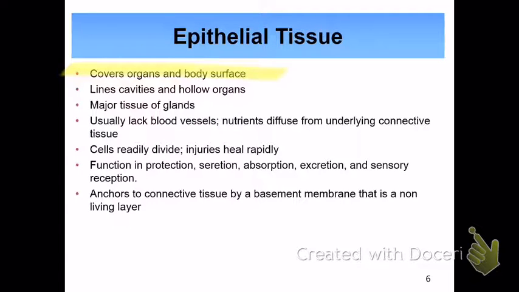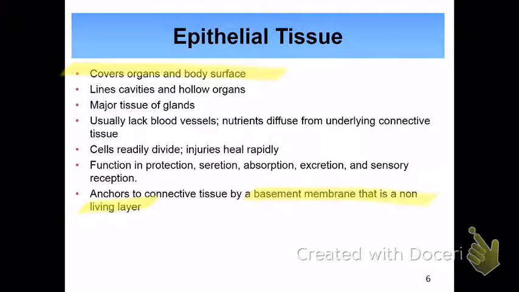They divide fast, so if you have a cut or a tear, the cells would fix it with mitosis rapidly. And they protect, secrete, absorb, excrete, and are used for sensory reception. So they do all of those functions, and then one thing that's really interesting is this basement membrane. It's non-living, on the very bottom.